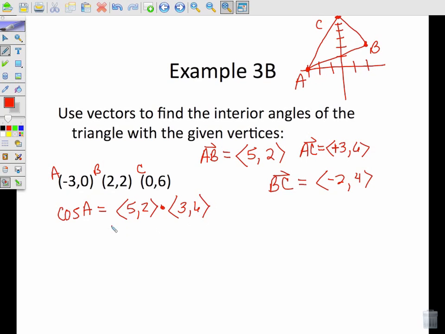That's a +3, and then (3, 6) is the second vector. We multiply those together using their dot product, and then divide by each of their magnitudes. So the magnitude of AB would be the square root of 25 plus 4, so that's the square root of 29, and the magnitude of (3, 6) would be 9 plus 36, which is 45.